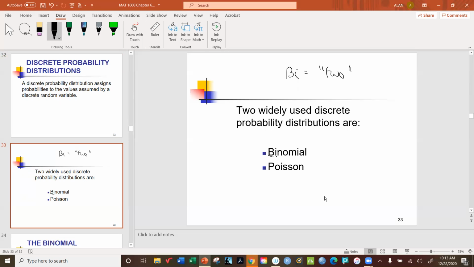And then Poisson is named after the developer, the creator of this Poisson distribution, a Frenchman from, I believe, the 18th century. The Poisson distribution is used to describe how many events occur during a given time interval.